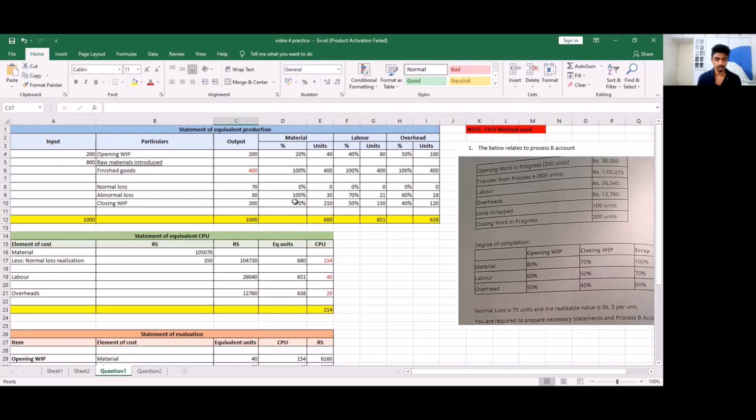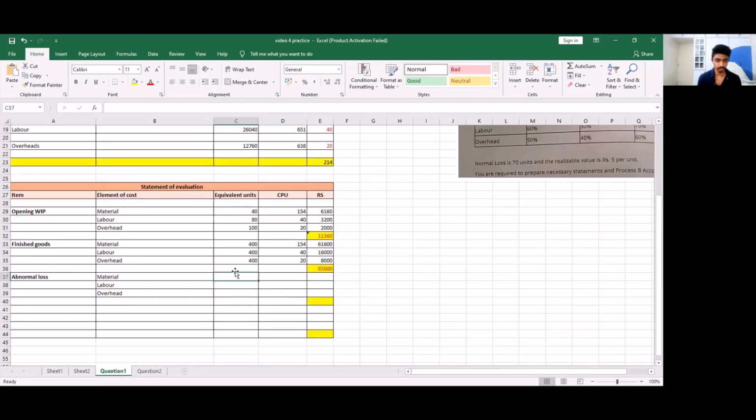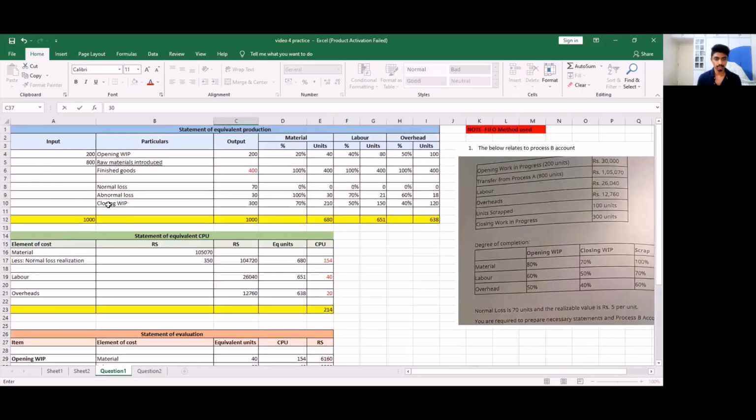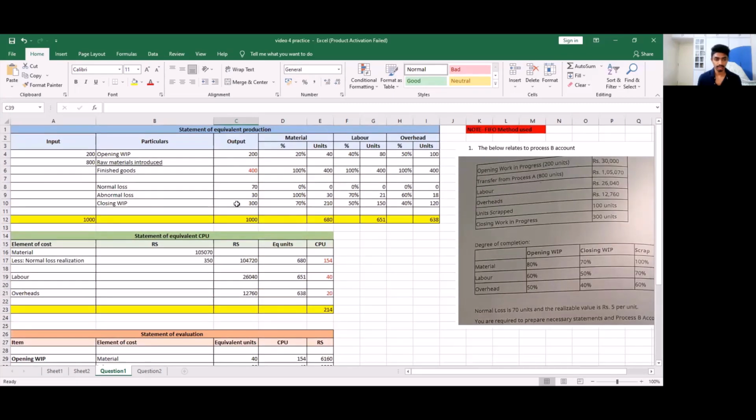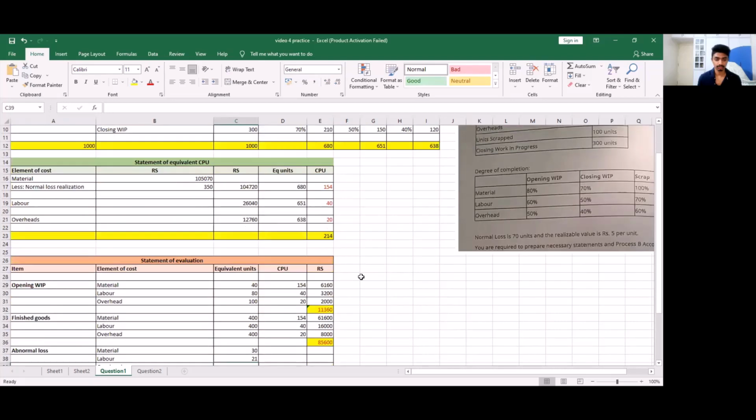So for abnormal loss, the units for materials is 30. So I'm going to fill in 30. Abnormal loss units for labor is 21. So I'm going to fill in 21. And finally, for overhead, the abnormal loss units is 18.